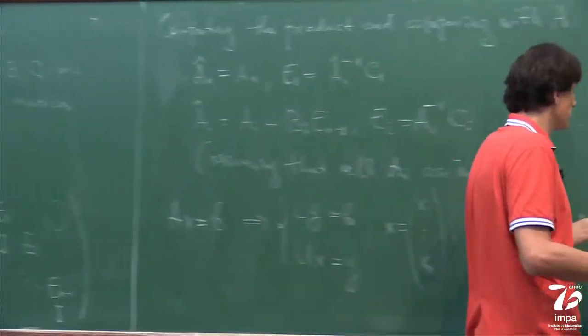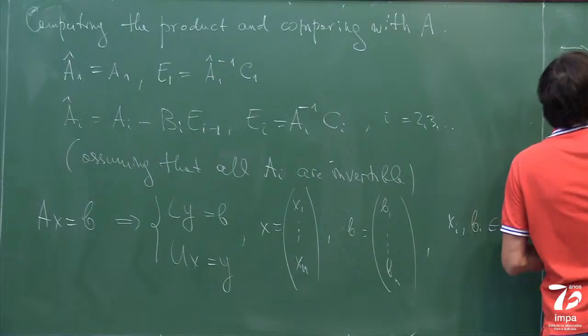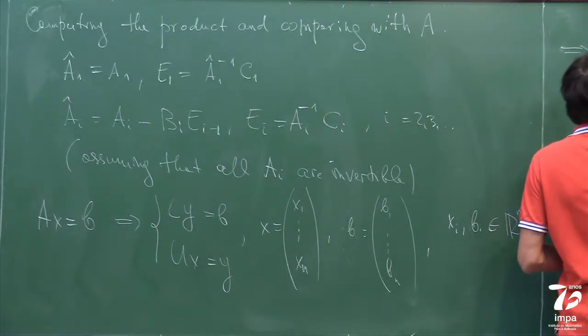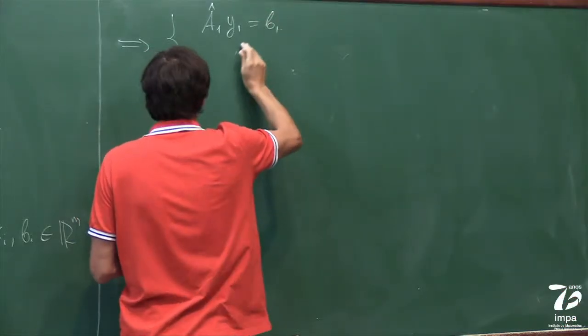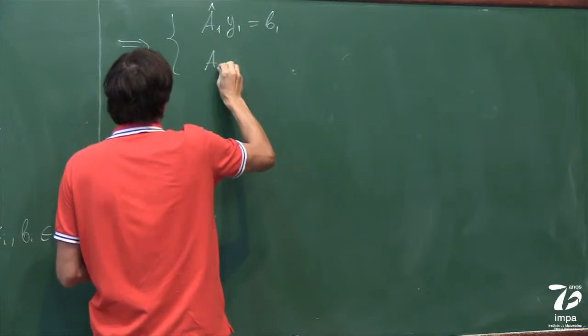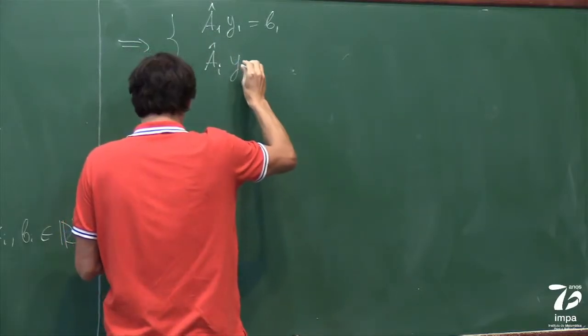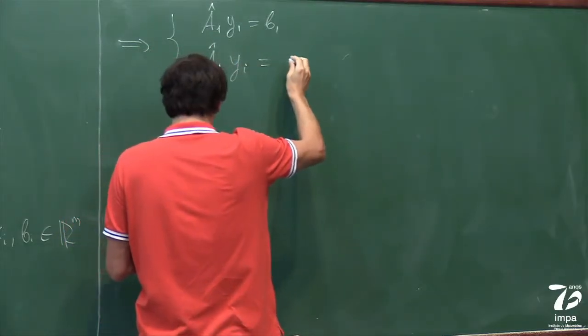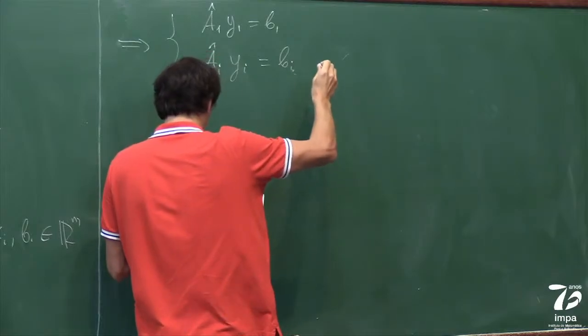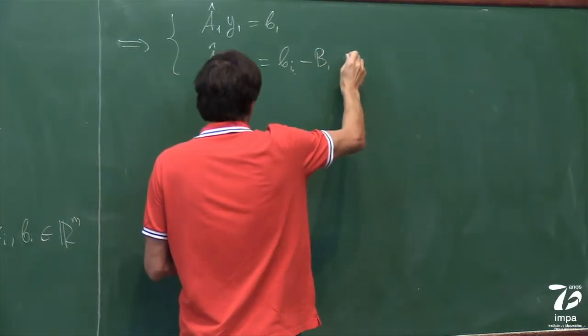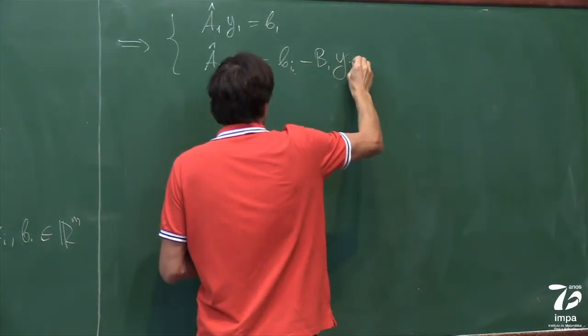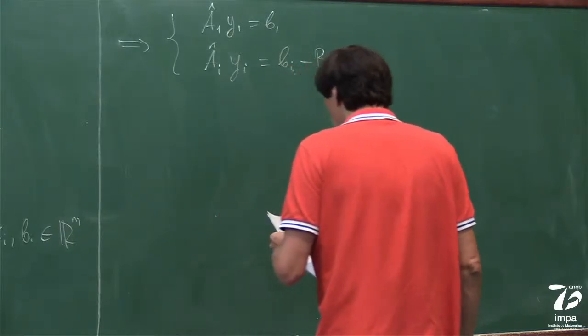So the first equation will be A1 hat Y1 equal B1, and the rest is AI hat YI equal BI. So this was a forward substitution.